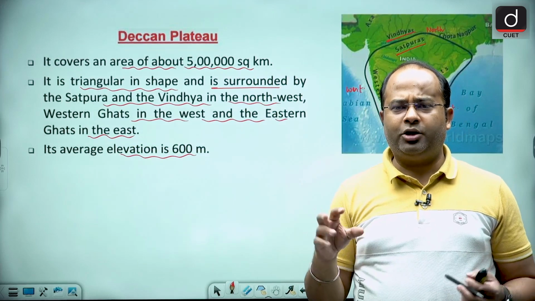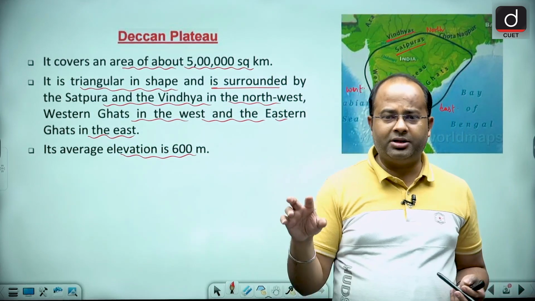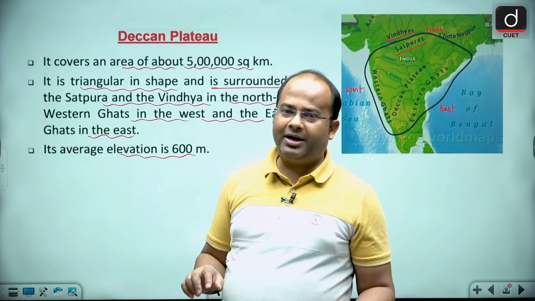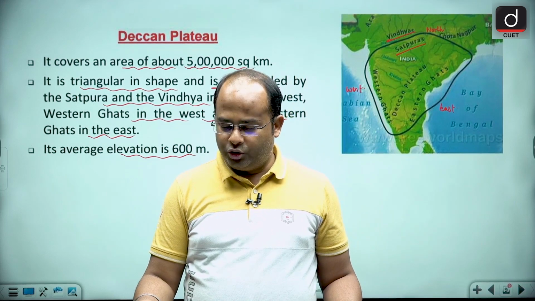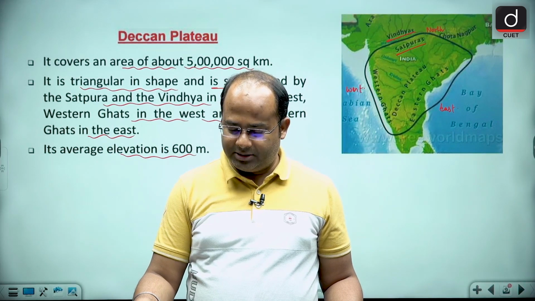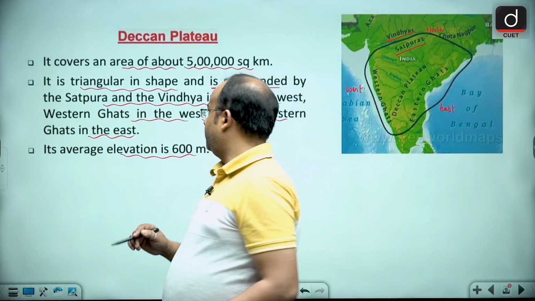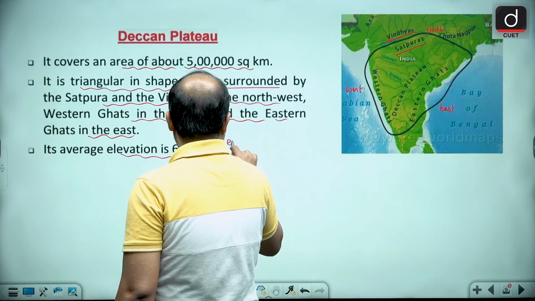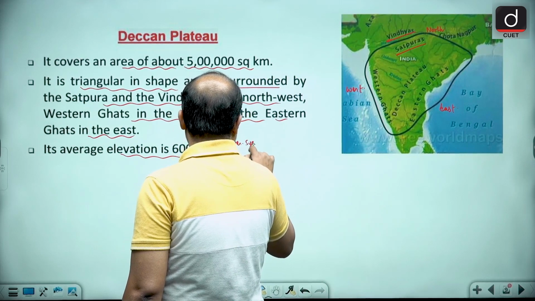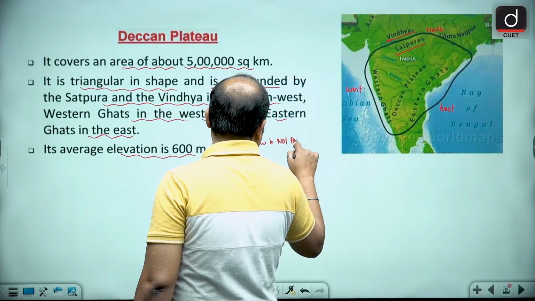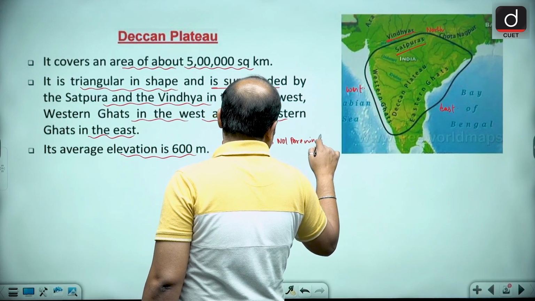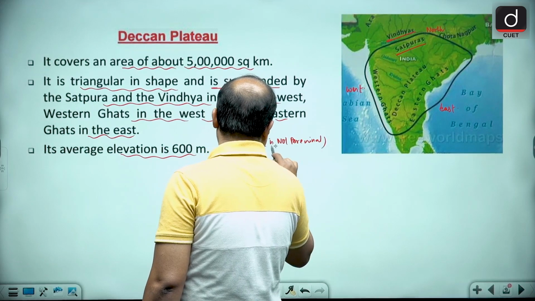And the Deccan plateau, guys, is rich in mineral resources. They are rich in minerals, but the river system is not perennial.